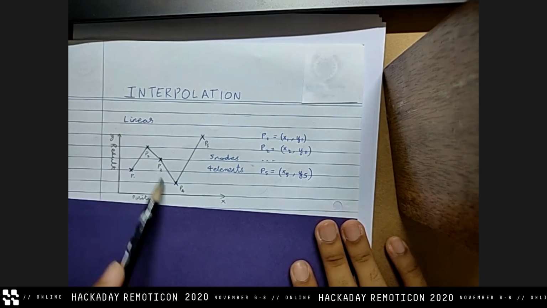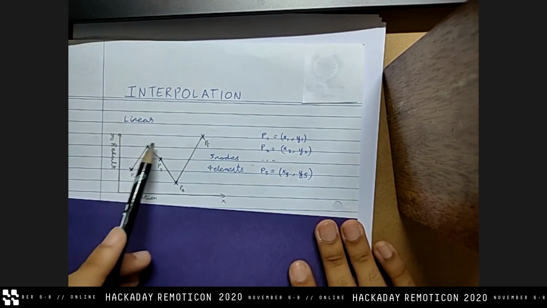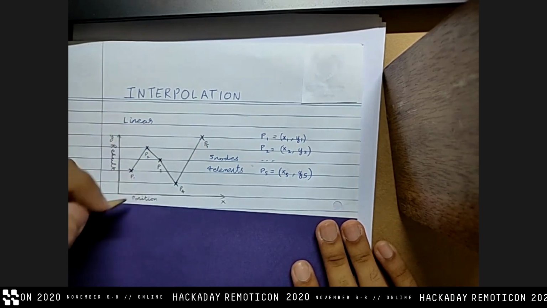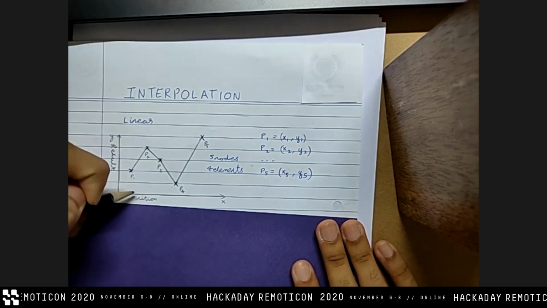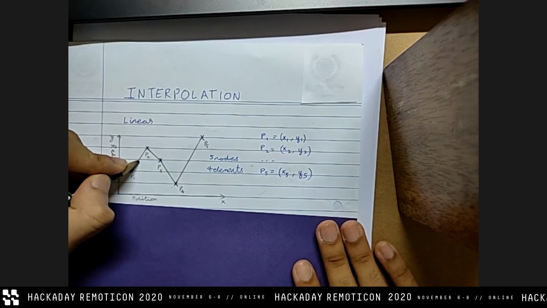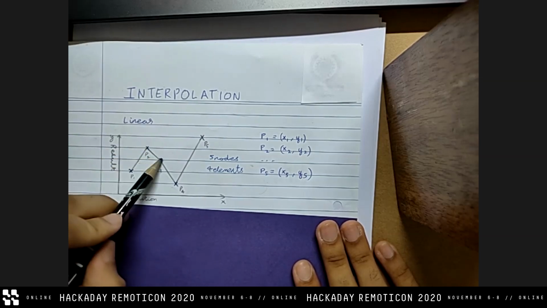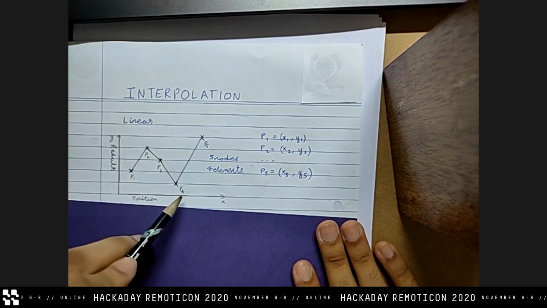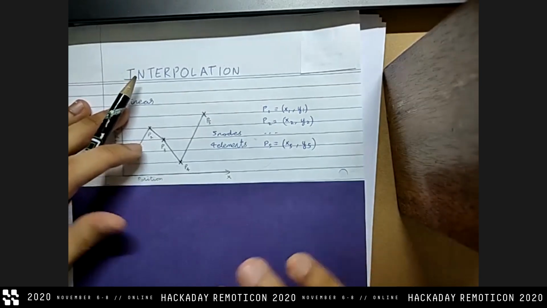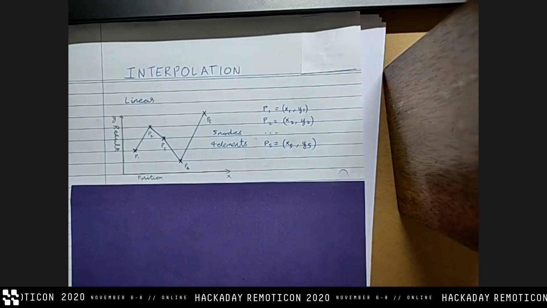Let's say I have these 5 points, and I want to know what's at P 1.5. It looks here, takes the point, and gives me the value. Because it's all defined in terms of different lines, different equations, you can get an exact result through it. But this isn't necessarily the most accurate one.